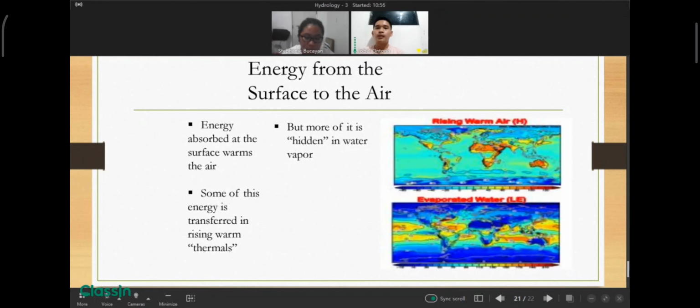Pag malapit na yung December, 'di ba, nagbabago yung wind, yung flow ng wind sa mundo. Minsan naman lumalamig pag December, pag summer naman is nag-iinit kasi yung air from the Pacific Ocean sa mga ocean is nagiging horizontal or papunta sa mga equatorial area. Kaya mainit yung panahon na yan.